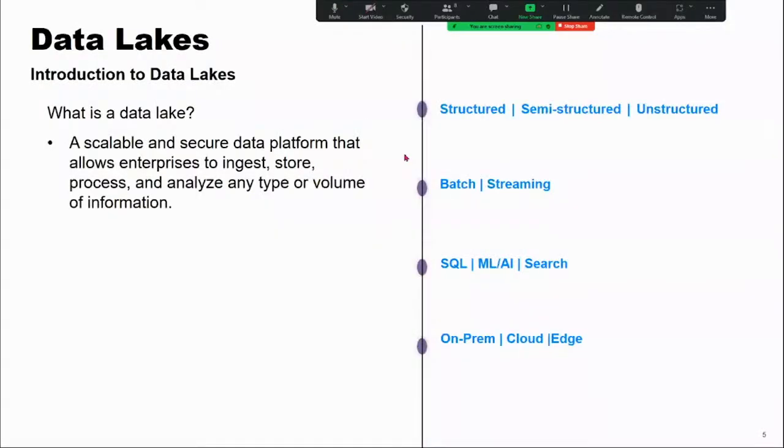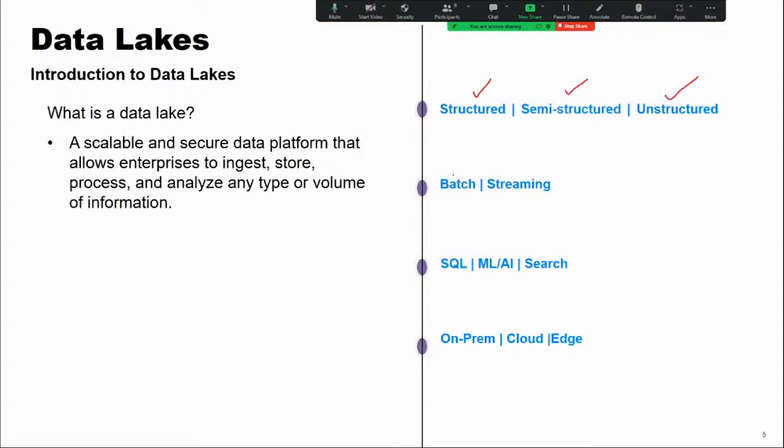We already know what a data lake is, guys. A data lake is a centralized repository to store or retrieve the data as per the business requirement. What kind of data can we store? We can store structured data, semi-structured data, and unstructured data.